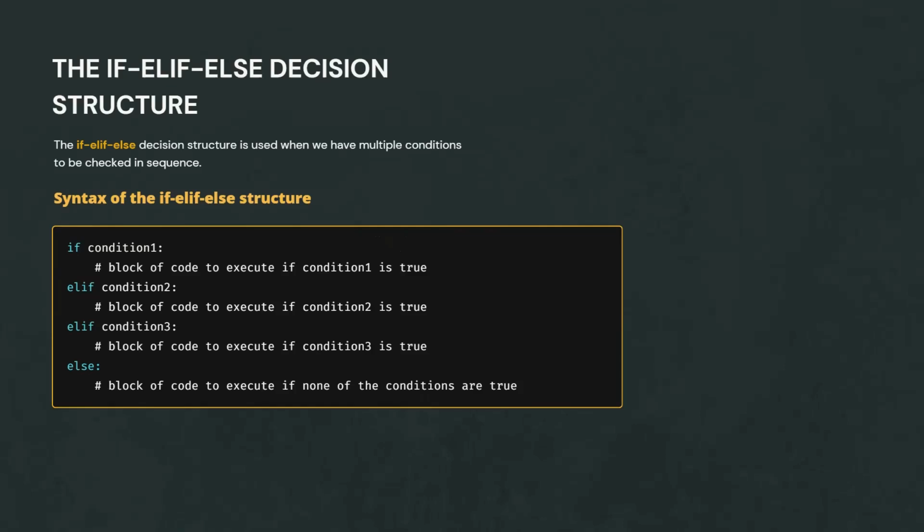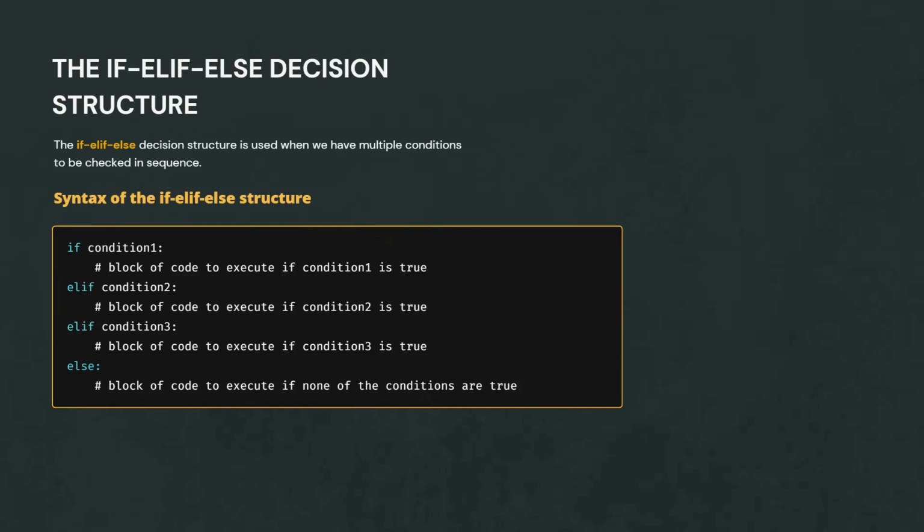All right. So we have already seen how if and else exactly work and how they help our code make simple decisions, right? Like choosing between two options. But what if you have more than two conditions to check?